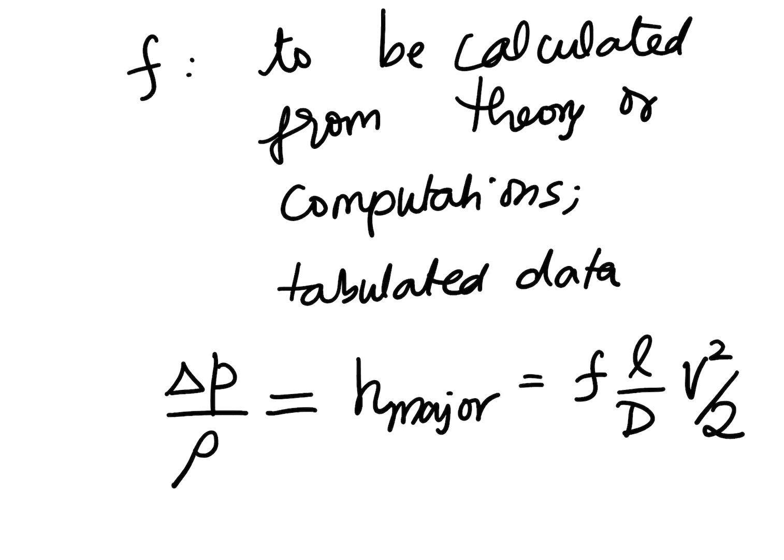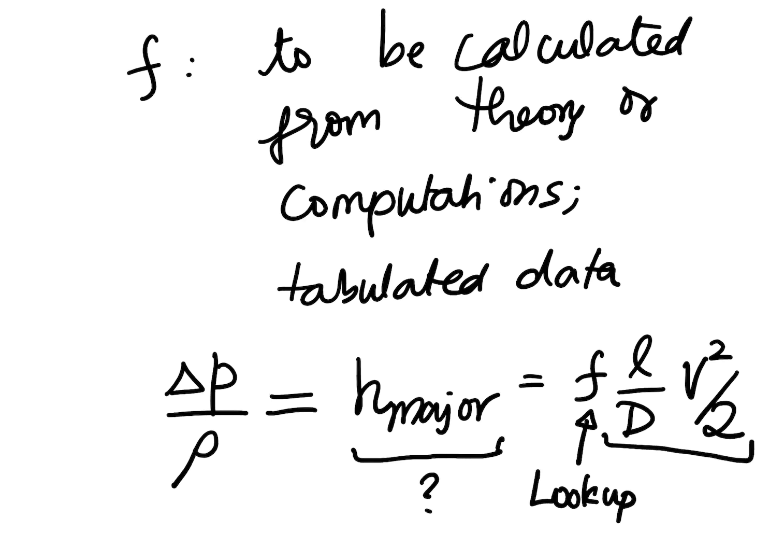That is, focus on your task. Your task is to get this. I'm going to show you a lookup table on how to get this. These are all parameters that are known. So this friction factor is our big unknown here that we need to estimate.